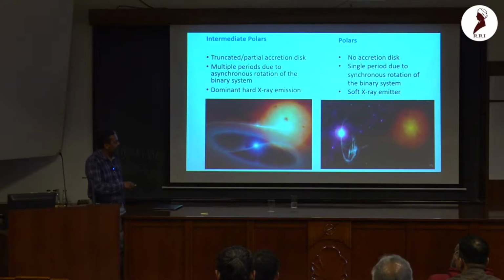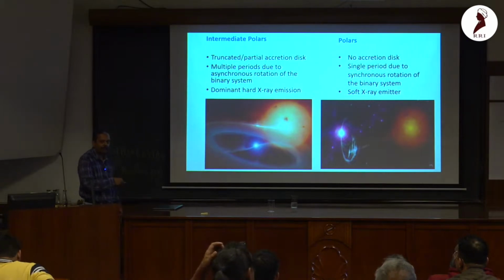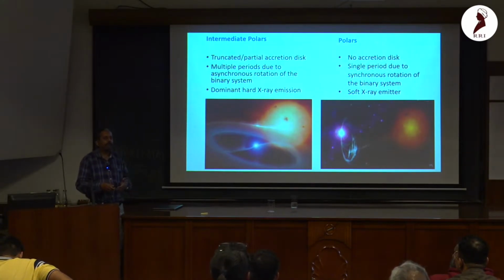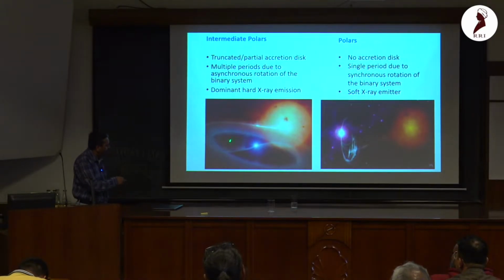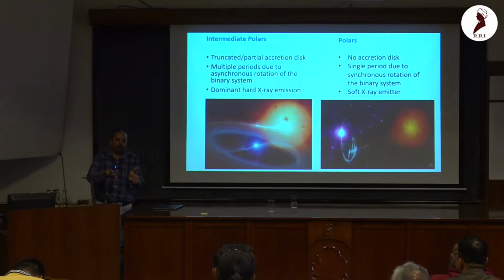Now, one of the consequences of not having the accretion disk is that, as I told you, the accretion disk acts as a reservoir of material. So let's say some catastrophic event happens and the accretion stops temporarily. Then there is no reservoir of material in this system, so the X-ray emission also stops.